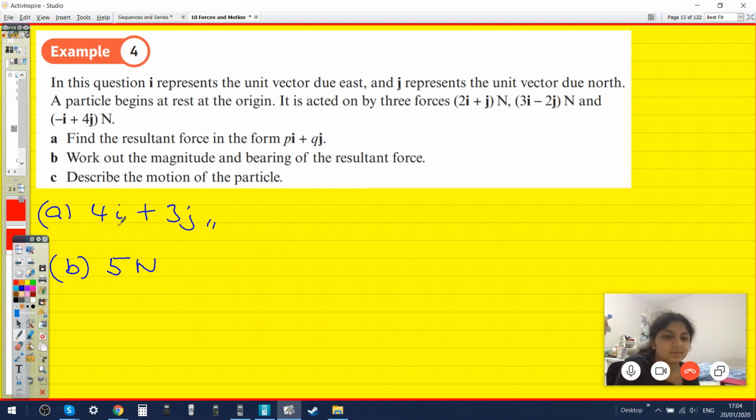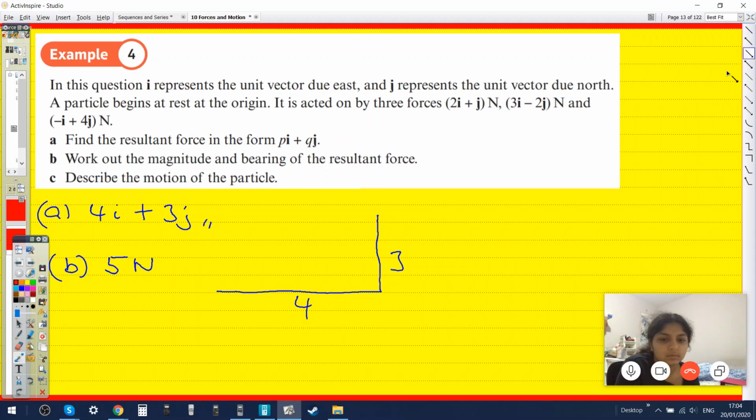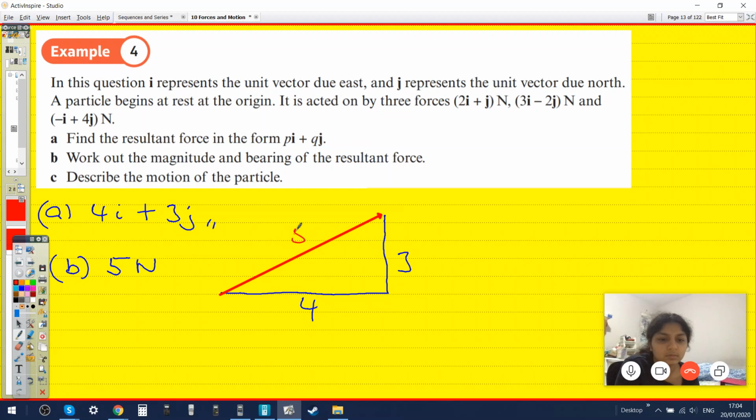So you could do a sketch, 4I, 3J. That's 4, that's 3. You just said that this was 5, and that this is 5. Your bearing, what will this be?